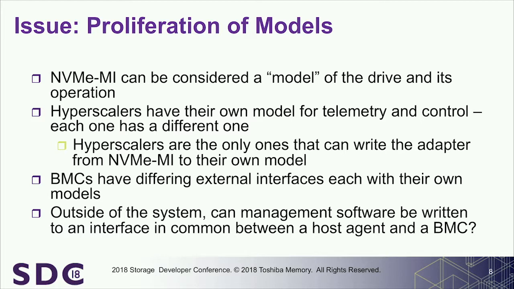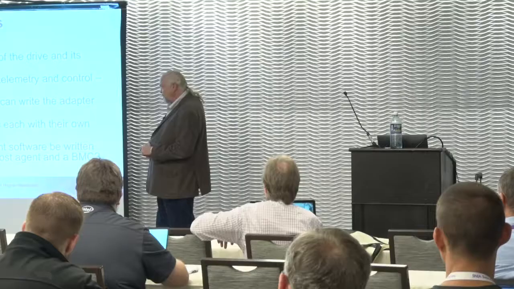And yeah, hyperscalers, each hyperscaler has their own model because they developed it from scratch, and they didn't talk to each other, and they didn't see a need for a standard because it was all their software. So they're the only ones that can write any new code to take advantage of any new interface like MI. And so far, they have not done that.